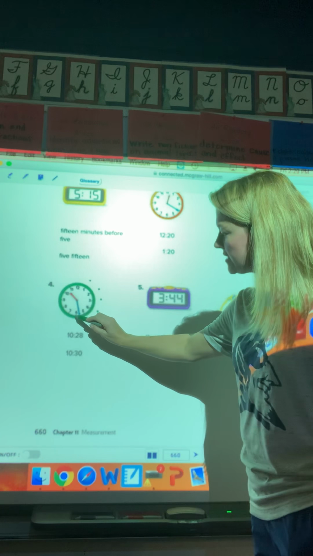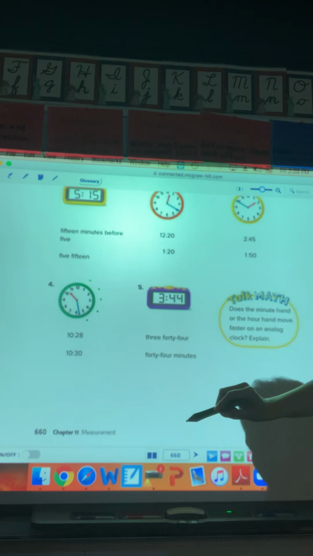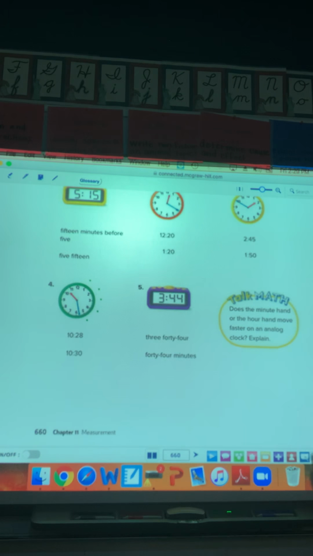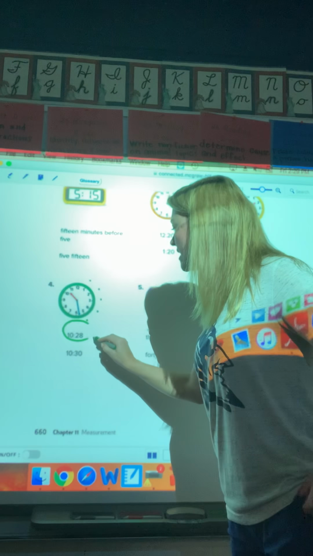Uh-oh. It has not made it all the way to the 6 yet, so it's not quite 30. So we must count each little marker, each little tick. So we made it to 25. How many ticks are we going to count? 26, 27, 28. So the time is 10:28.